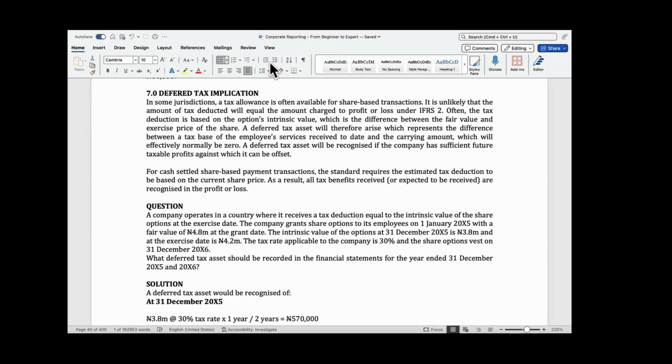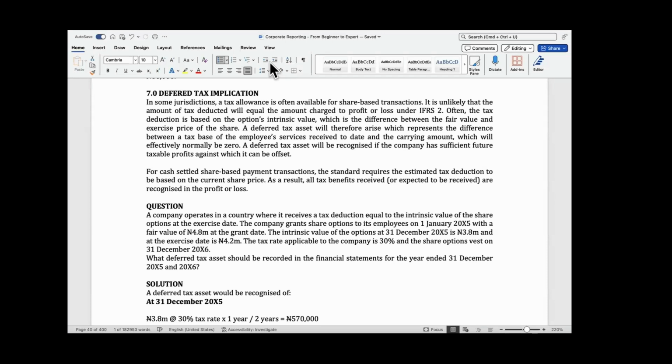The equity settled is usually measured at the fair value of the option at the grant date. The taxman will not reckon with that. So what you are recording in your books, taxman does not like it today, even though in the future he will be happy.